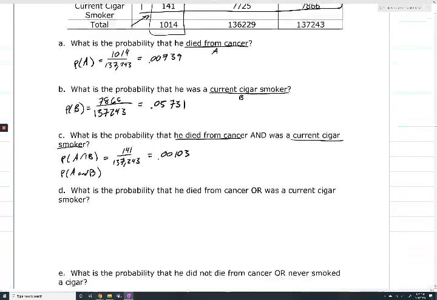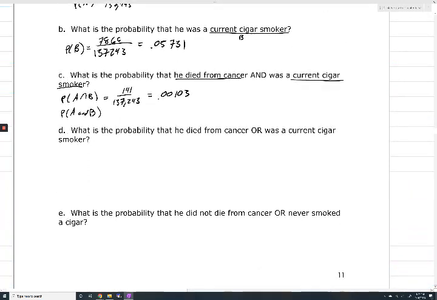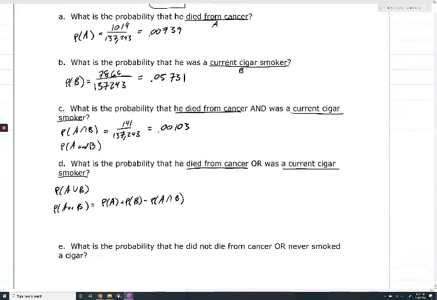All right. Part D, probability that he died from cancer or current cigar smoker. So now we're looking at the probability of A or B. Now we use that formula that we just talked about. This probability is equal to the probability of A plus the probability of B minus the probability of A and B. So A, B, and C, we're finding those three different parts.